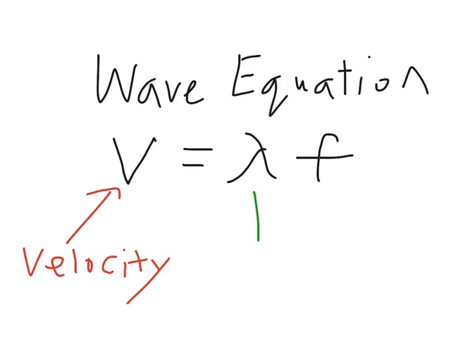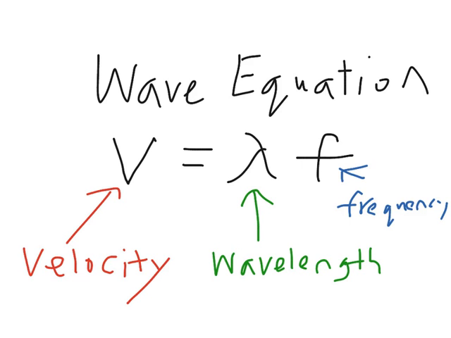Lambda is the wavelength, how long the wave is. And F is frequency, which is how fast the wave swings up and down.